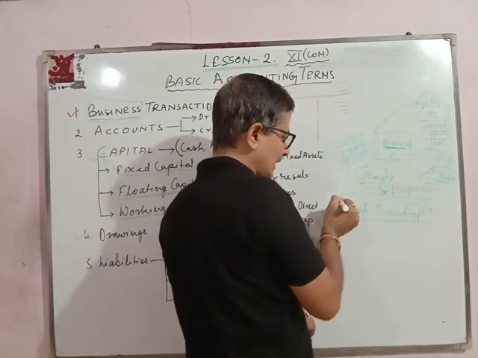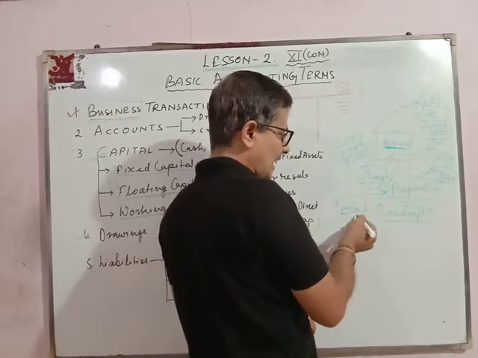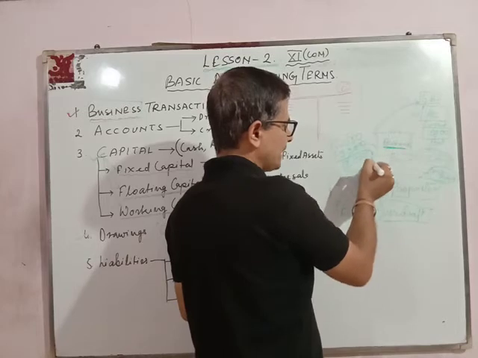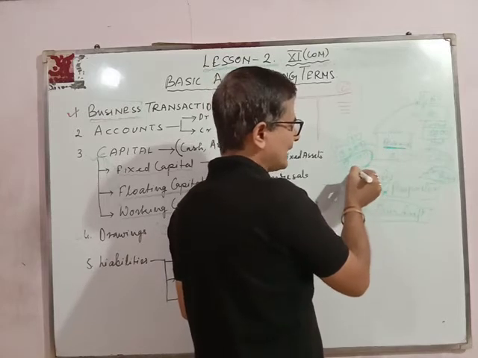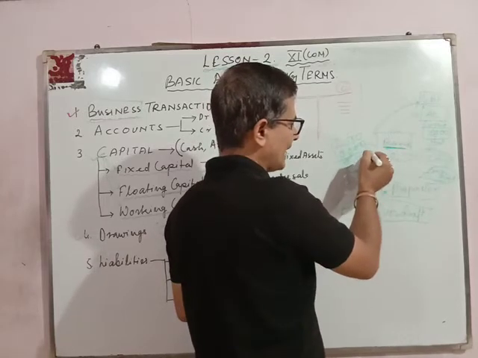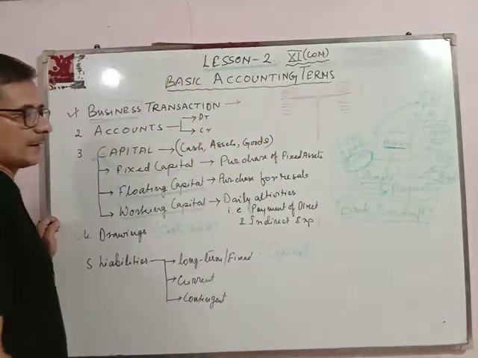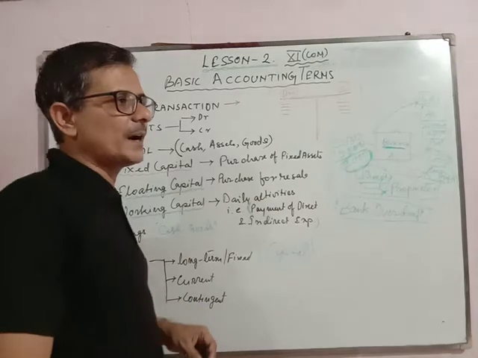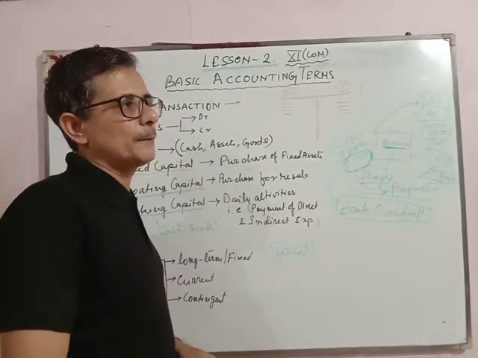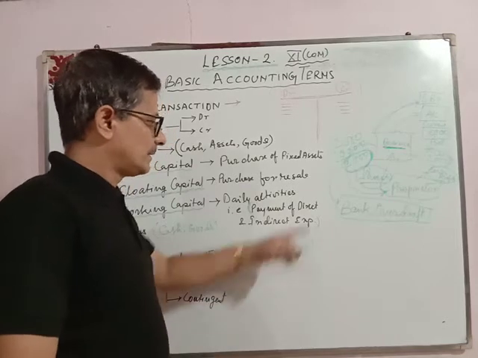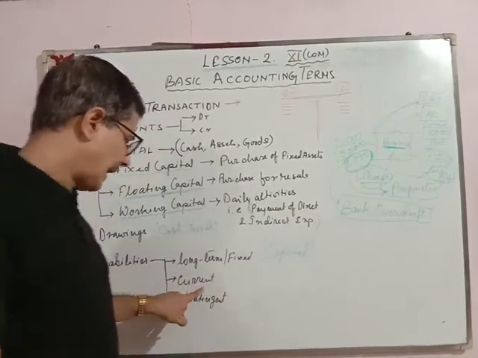And this 2,000 that they paid extra is known as bank overdraft, and this will be written as a credit in your account. So this is what is known as bank overdraft. Generally, a bank overdraft facility is given for a period of less than 1 year. So this is known as current liabilities.